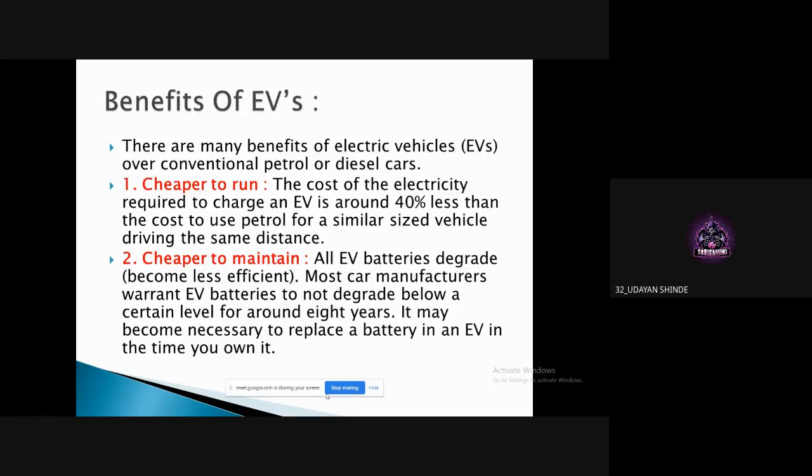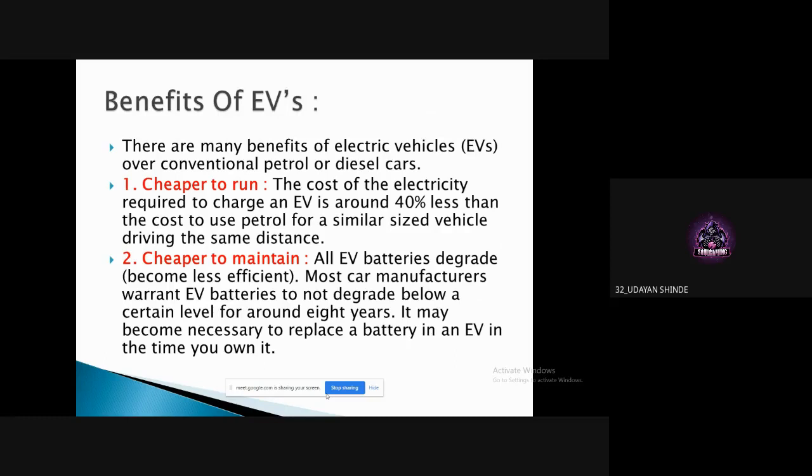Benefits of electric vehicle. There are many benefits of electric vehicles over conventional petrol or diesel cars. First, cheaper to run. The cost of electricity required to charge an electric vehicle is around 40% less than the cost of petrol for a similar sized vehicle driving the same distance. Second, cheaper to maintain.